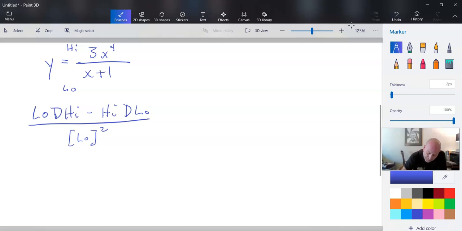Okay, so if we're going to use the quotient rule, I need low, which is x plus 1, times the derivative of the top. The derivative of the top, and you notice I'm just doing this as we go this time, is going to be 12x to the third.